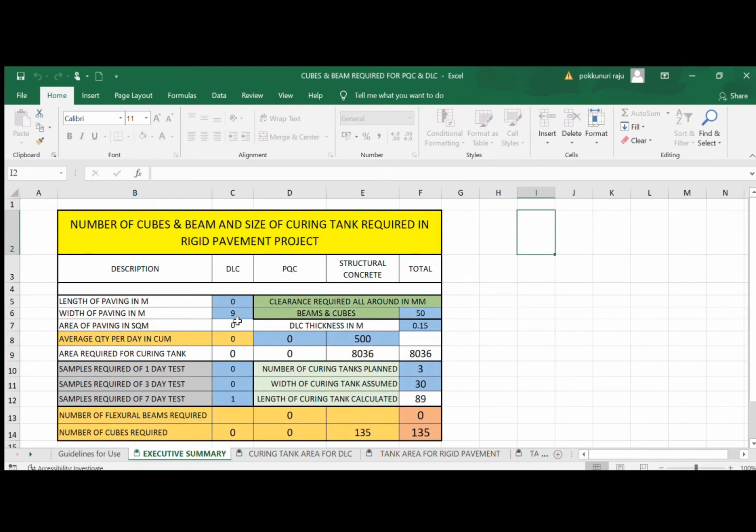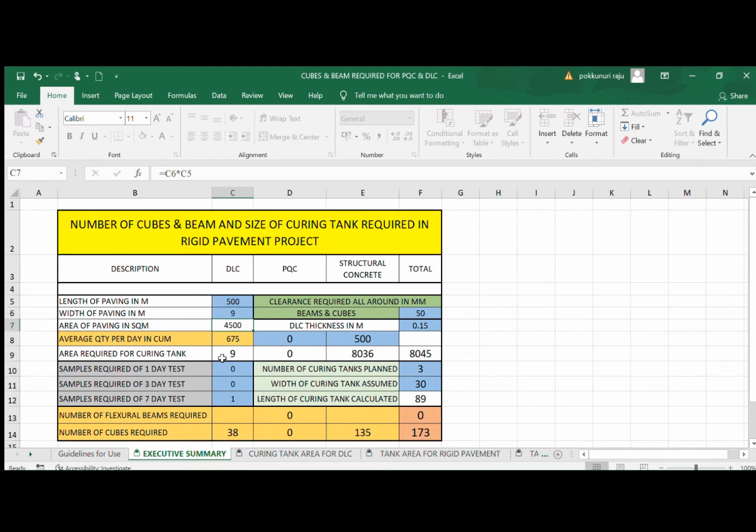Now, in order to make sure that these things are done, the moment you put the requirements in the summary sheet, the executive summary sheet, which is the first sheet of this whole model, you need to put the dimensions, say if you have a length of paving of around 500 meters, and the width of paving is 9 meters in the case of DLC.